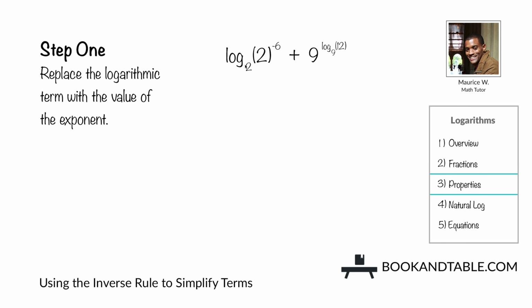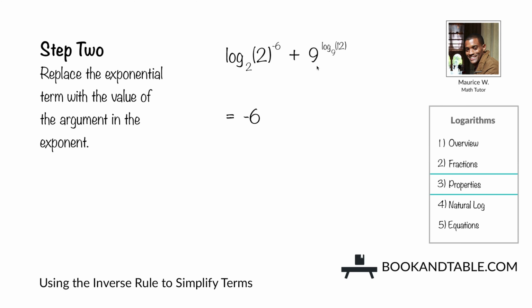So step 1, replace the logarithmic term with the value of the exponent. For this term, we want to replace this logarithmic term with the exponent -6, since the log of base 2 and the 2 cancel each other out, leaving us with just -6.